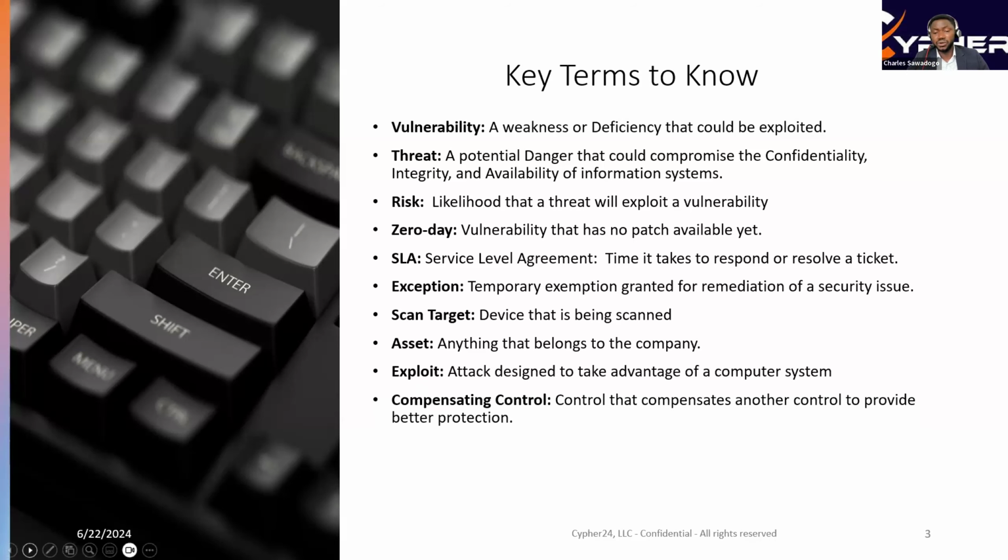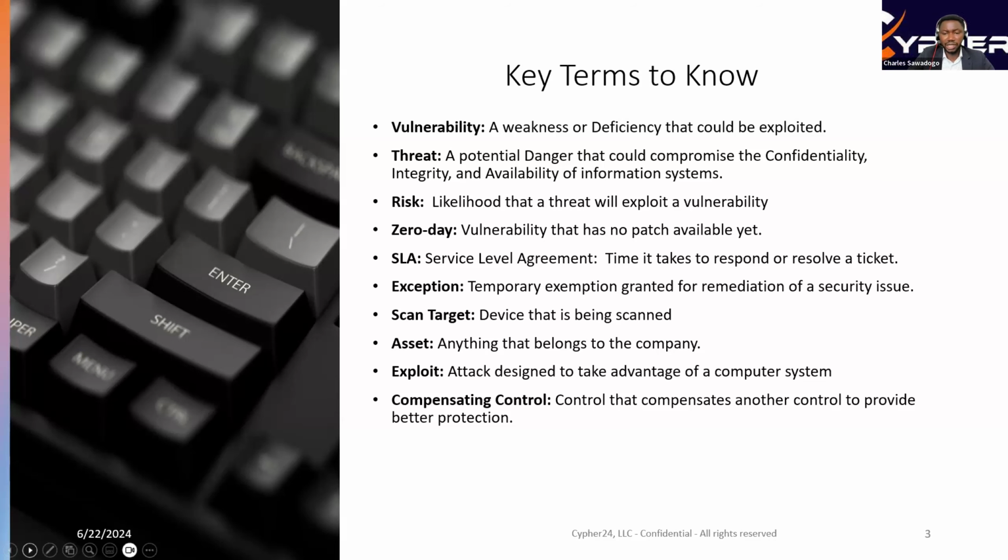So a compensating control is a control that compensates another control to provide a better protection. Remember that? A compensating control. We saw that when we saw the different types of control. We saw preventative control. We saw detective control. We saw compensating control. We saw deterrent control. We saw physical controls. Remember that compensating control was one of them.